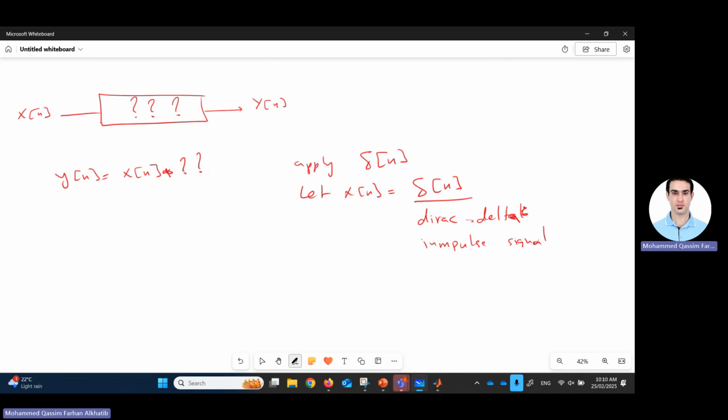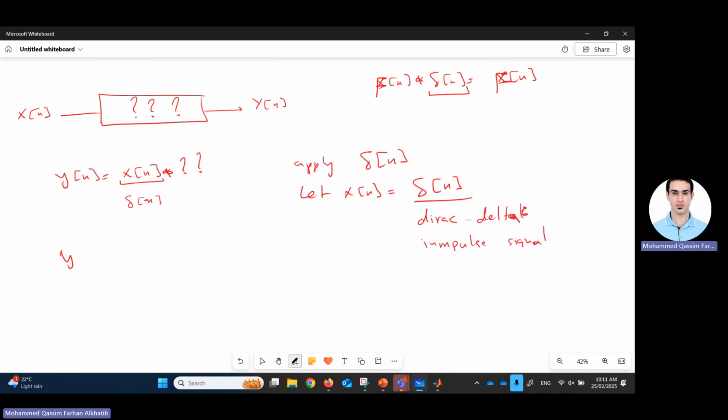So in this case, what will happen? One of the properties of the impulse response: x of n convolved with delta of n will result in what? Anything you convolve with delta is going to remain the same, x of n. Anything you convolve with delta, let's call it f, it's going to be f. Now what will happen is, now instead of x of n, I'll apply delta of n in this case.